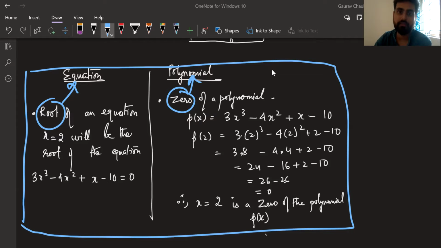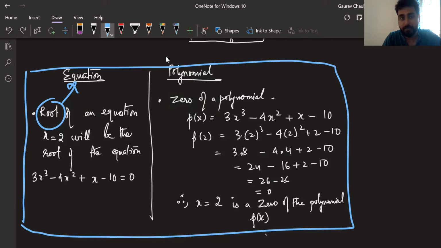Yes, Deepak, you're right. What you've written in chat is right. Now let me make you understand what is the meaning of this. Now we understood that the 0 of a polynomial is the value I should put so that the polynomial becomes 0. But what is the root of an equation?